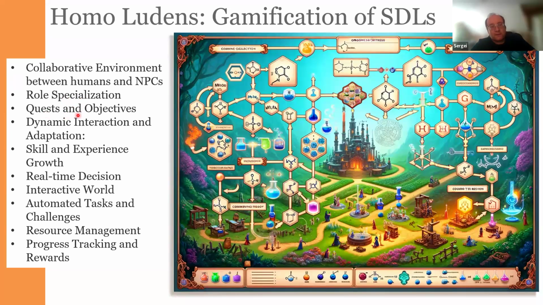All of us have different objectives. Some of us want to make materials to solve global warming, others want to make materials for better batteries. We all learn, we need to make real-world decisions, we need to be in the interactive world, we need to manage resources because obviously experiment comes with a price. We need to track our progress.